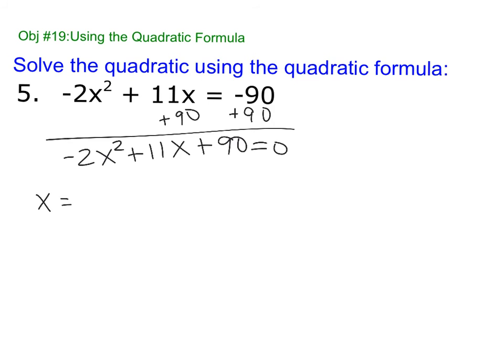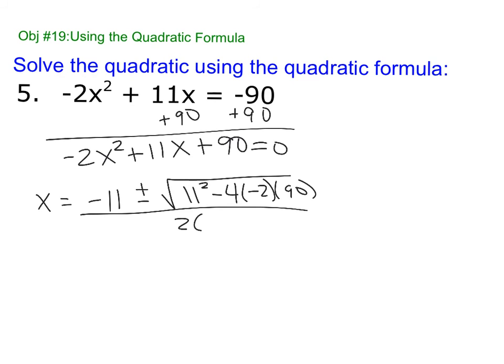So we get negative b plus or minus the square root of b squared minus 4ac all over 2a. All right. See what we get under that square root. 2 times negative 2 was the negative 4. So we get 121 minus 4 times negative 2 times 90.